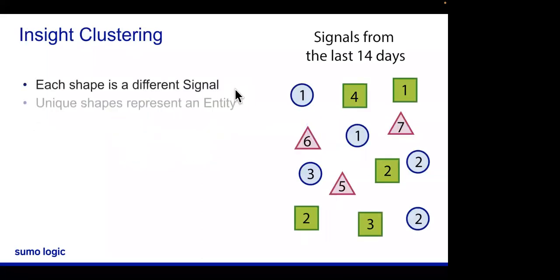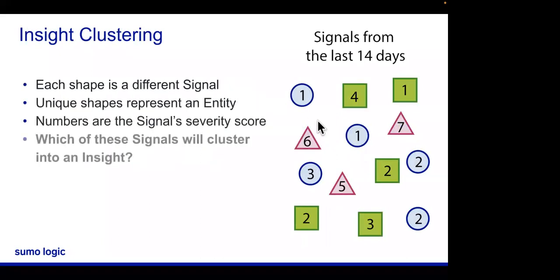So again, insights normally, when we have signals, the signals all have a score. If I look at my blue circles here and I add them up, 1 + 1 + 3 + 2 + 2, that mathematically equals about, sorry, I'm having a brain cramp here, 9. That's not greater than or equal to 12. This green box is 4 + 1 + 2 + 3 + 2.